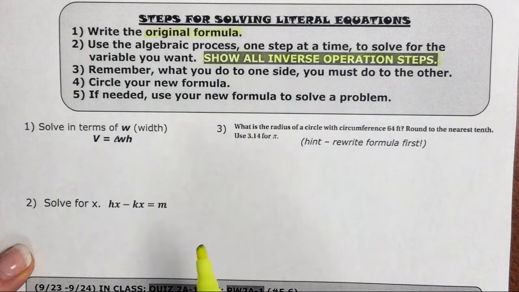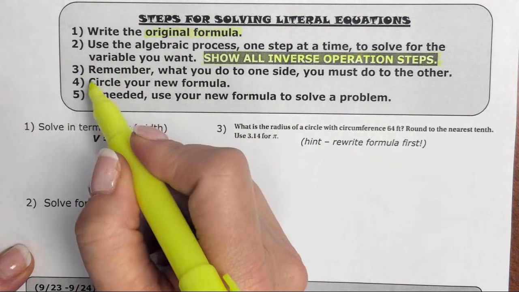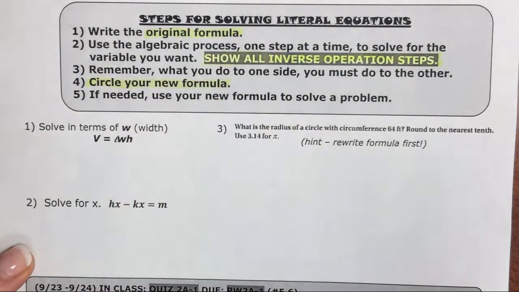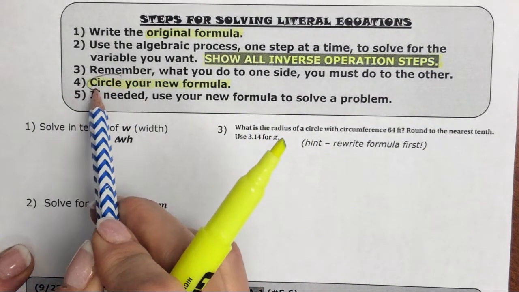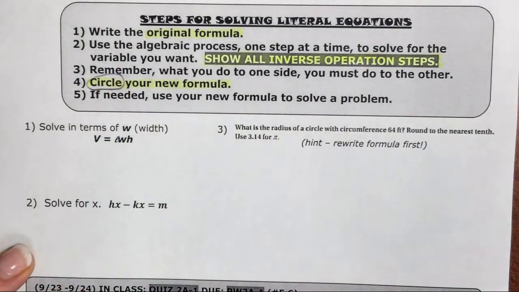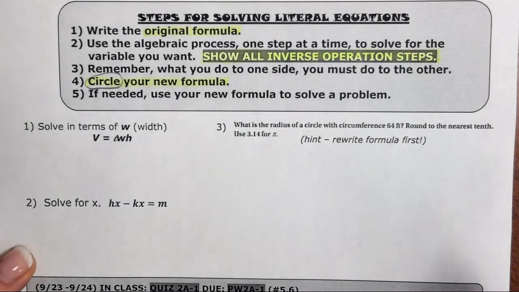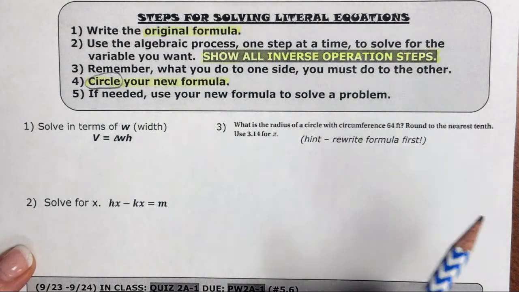Once you've isolated the variable you want, you can circle your new formula. It won't be an answer like you're used to getting, x equals a value. It'll just be a new formula. Then if needed, you can use that new formula to solve a problem with values that are provided. I have samples showing all of that, so let's take a look.